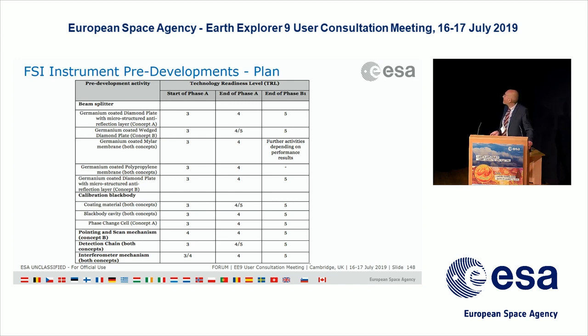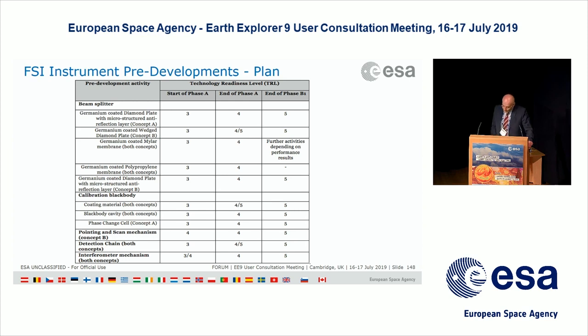What is important to notice in this table is the starting TRL at the beginning of phase A, and what has been achieved at the end of phase A, which is for all areas equal to or in excess of TRL 4, and most importantly that the planned pre-development will allow reaching the required TRL 5 by the end of phase B1.